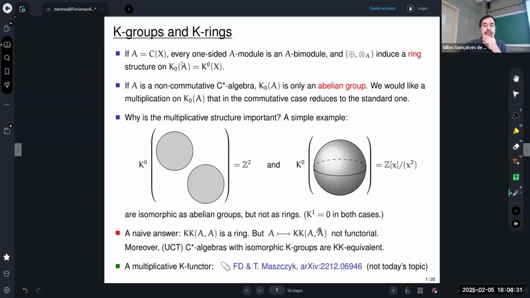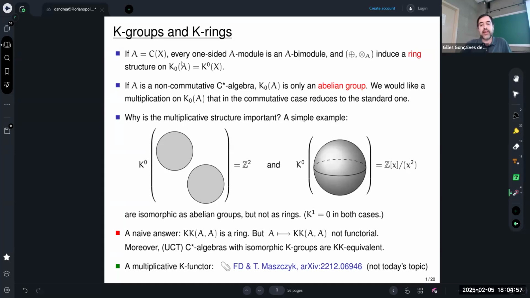The problem with KK is that KK-theory is covariant in one entry and contravariant in the other, so if you put the same algebra in the two slots, you don't get a functor. But I'm not going to talk about this today. Today I don't want to talk about how to construct this functor. I want to talk about a specific class of C*-algebras.